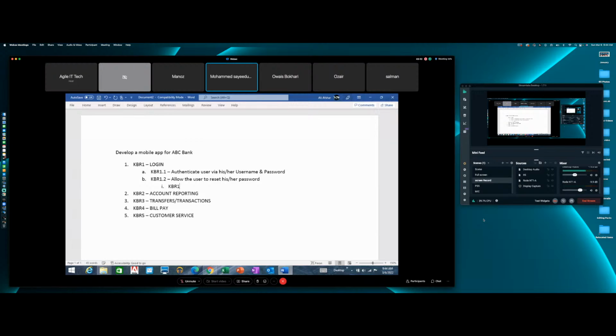1.2.1, which is using email, his or her. Just say using email, right? All right. What's the next KBR? Using text. 1.2.2. Not using text.